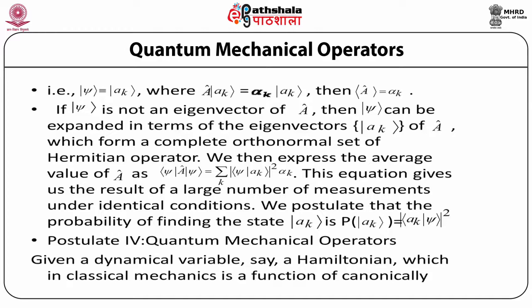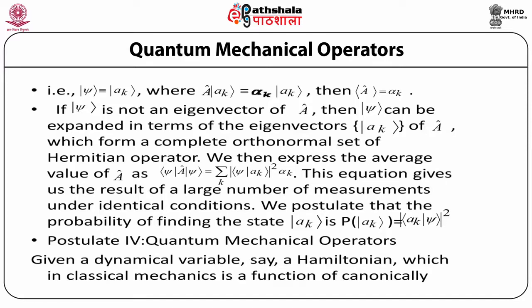Now, if the ket vector psi is not an eigenvector of the operator A, then the ket vector psi can be expanded in terms of the eigenvectors, ket vectors AK, of the operator A, that is the entire set of the eigenvectors AK of the operator A, which form a complete orthonormal set of Hermitian operators.